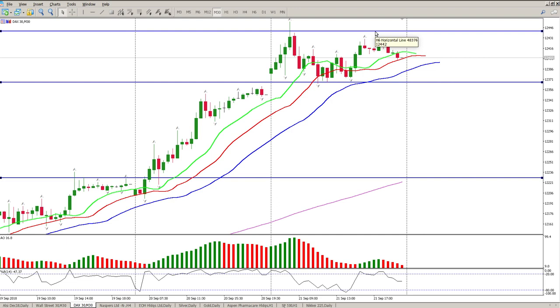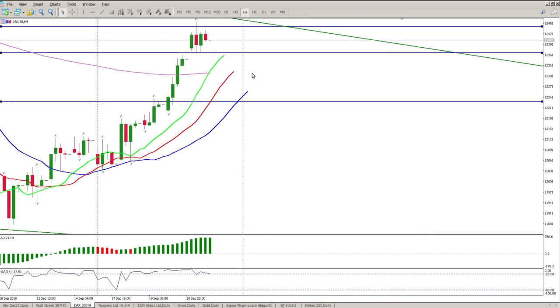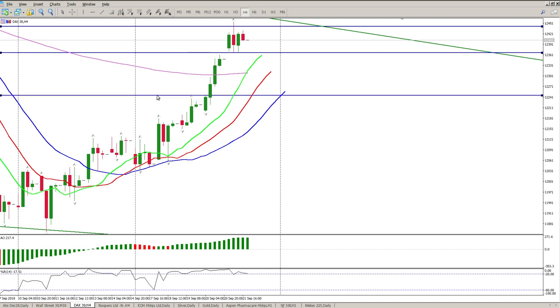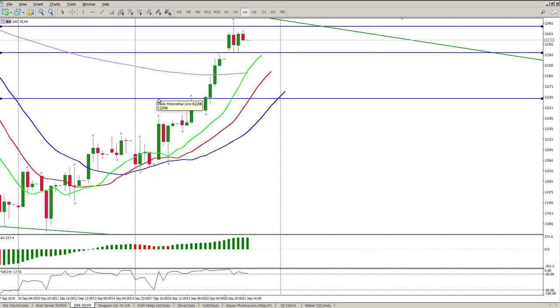So for now, I anticipate we're going to move to the downside in a short-term retracement, and the question is, where are we going to? What I like to do is to pull my levels off the 4 hour. I look at the fractals.